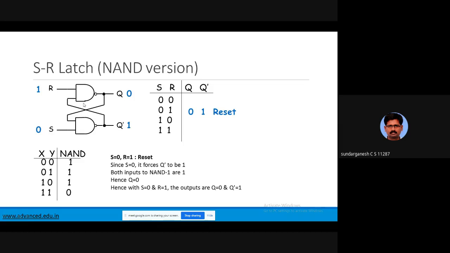Okay. So I'm writing this table on the blackboard, then only you can understand. The diagram given is NAND gates.